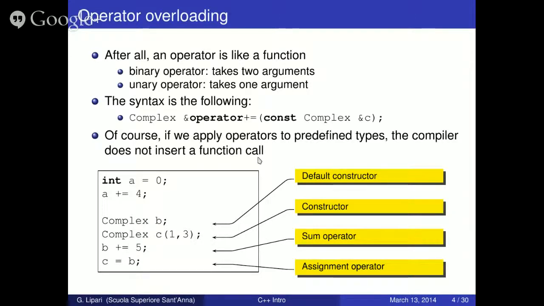And instead, if you have your own class complex and you define two objects b and c of type complex, then you can apply operators to that. For example, b plus equal 5 is an operator that sums an integer 5 to a complex. And c equal b is another operator which assigns the value of b to c.